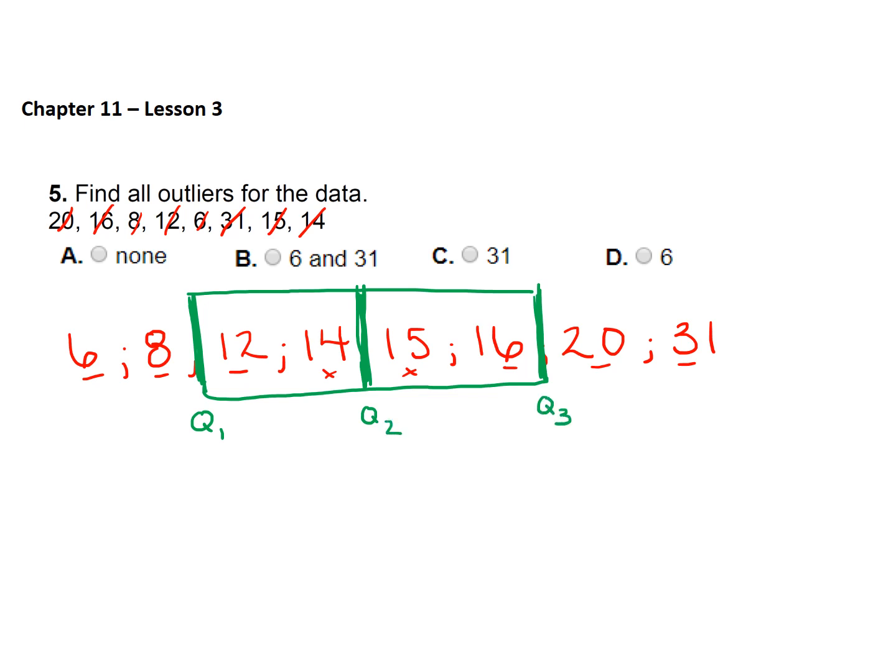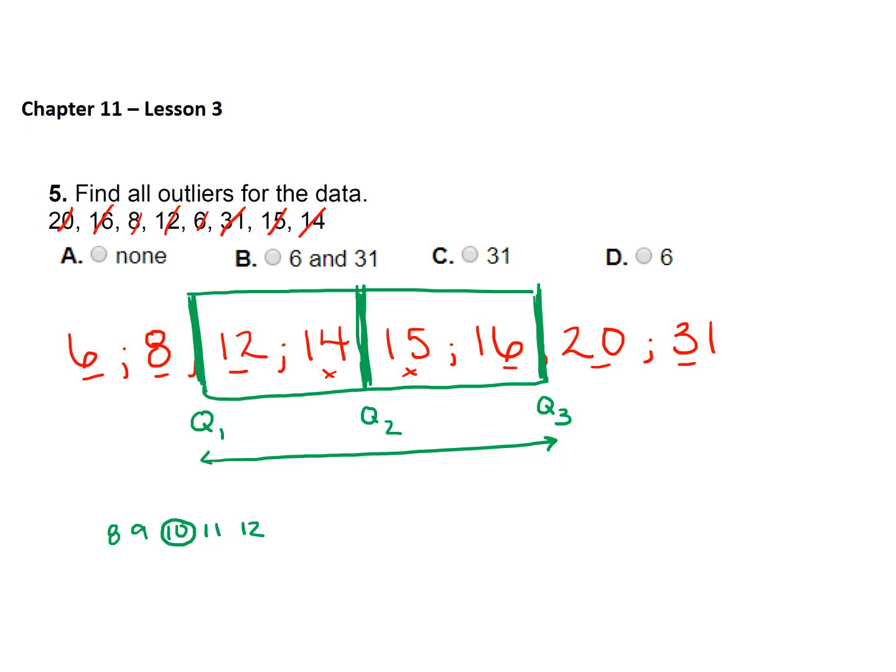The quartile range is going to be from quartile 1 to quartile 3. So we have to figure out what quartile 1 is. So we have 8, 9, 10, 11, 12. So it's going to be 10.